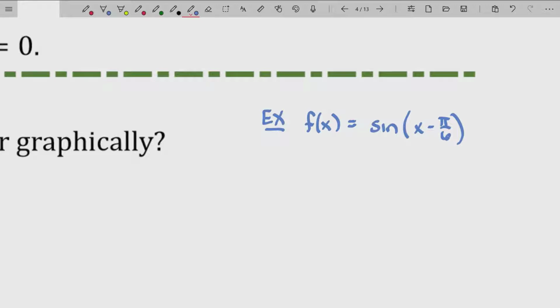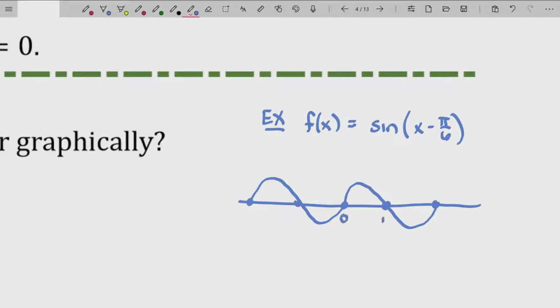Your knowledge of sine is assumed in this course, and you know that the sine itself normally crosses the x-axis, or in other words, its y values become 0 at integer multiples of pi. So 0 pi, 1 pi, 2 pi, and so on and so forth.